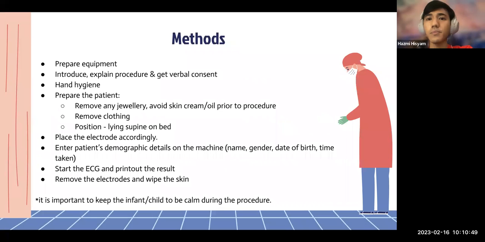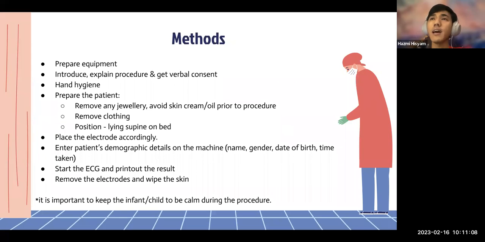Next. So the method for ECG is first we prepare the equipment. Second, we introduce, explain the procedure, and we get verbal consent. And then we wash or sanitize our hands, and then we prepare the patient.